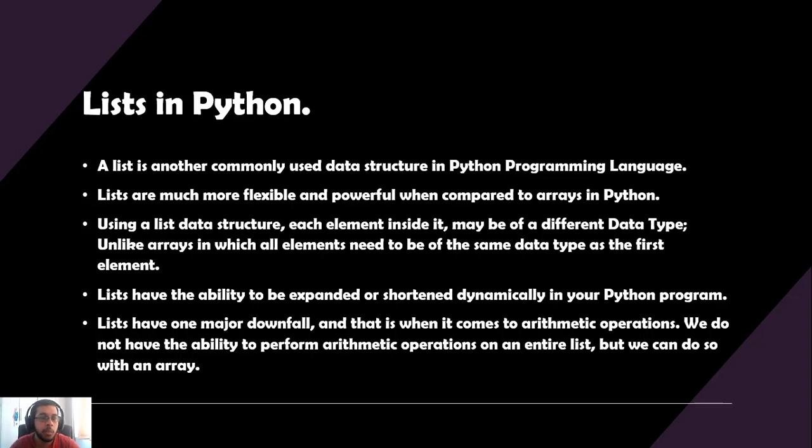Unlike arrays, in which all elements need to be of the same data type as the first element, lists have the ability to be expanded or shortened dynamically in your Python program. Lists have one major downfall, and that is when it comes to arithmetic operations. We do not have the ability to perform arithmetic operations on an entire list, but we can do so with an array.